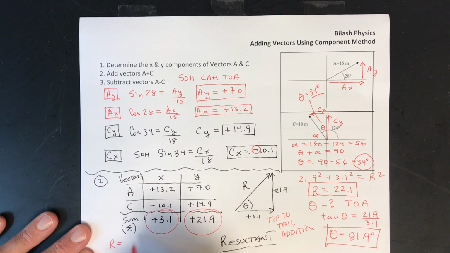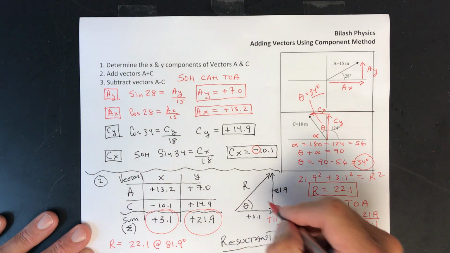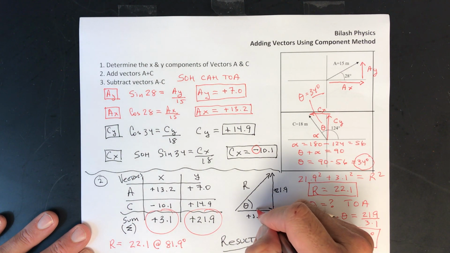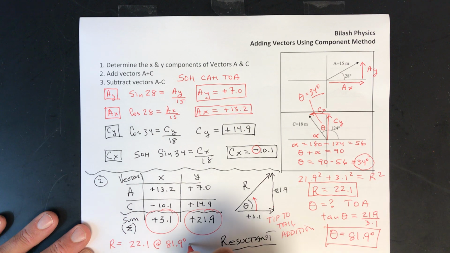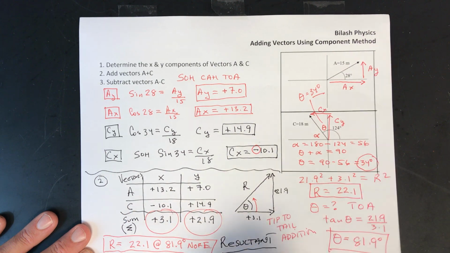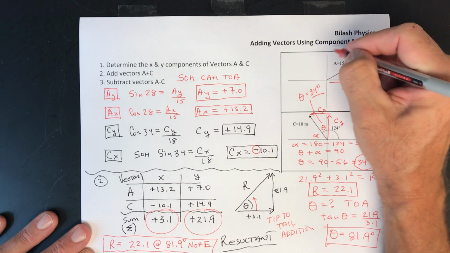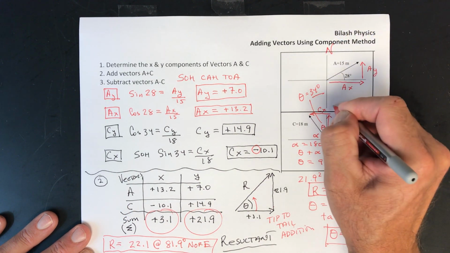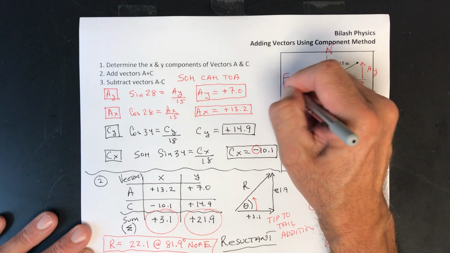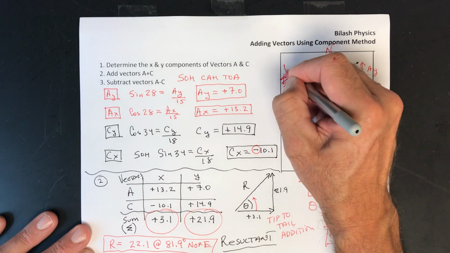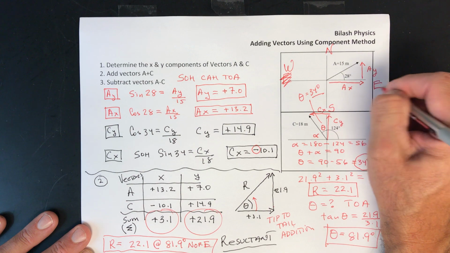Okay, so if we were to state what is the resultant of adding the vectors, we would say r is equal to 22.1 at 81.9 degrees, and this angle right here would be north of east. And the reason it's north of east is if we look at our coordinates right here, this is north, this is south, this is west, and this is east.